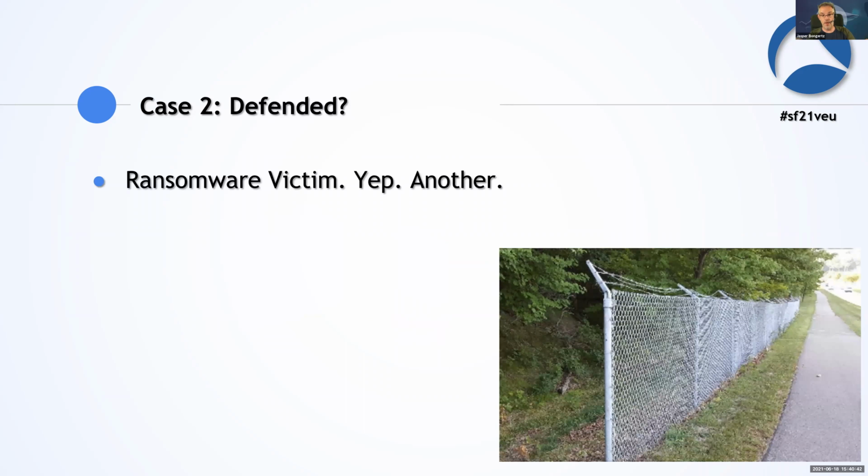It is a ransomware victim. Yes, another. I get a lot of those. And in this case, they were able to recover from backups, which is good because they didn't have to pay. The problem here is, well, not the problem, but in this case, they tore down the internet connection.